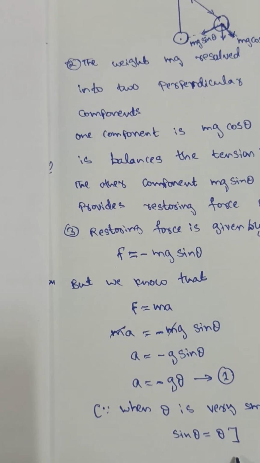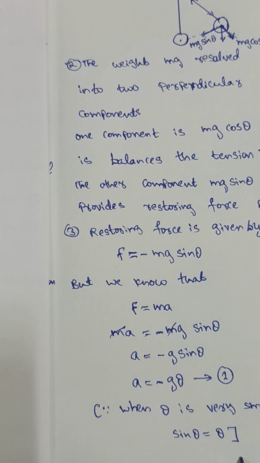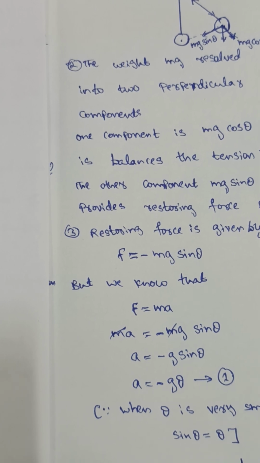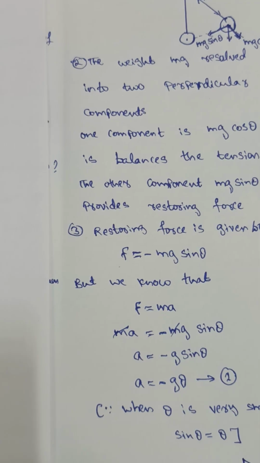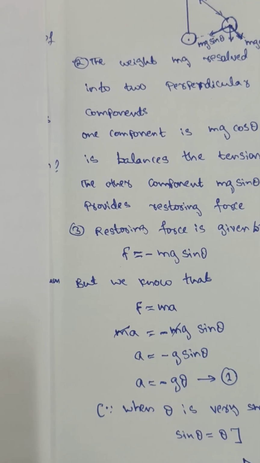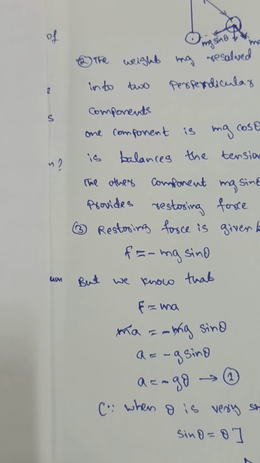See the mg in the vertical downward direction, so pull aside, it is mg cos theta. So the length is L, displacement moved by the bob small x.